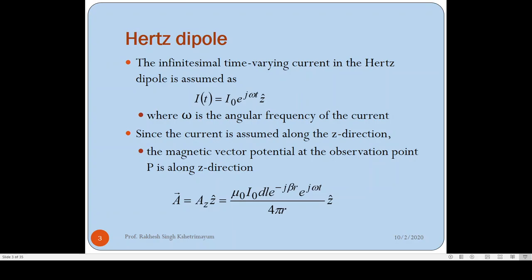So the time varying current we are considering now is expressed as I0 exponential j omega t, and we assume that the dipole is positioned along the z-axis, so current is flowing along the z-axis. So direction of current flow is along the positive z-axis, amplitude is I0, and variation with respect to time is given by exponential j omega t. Omega is the angular frequency of the current.